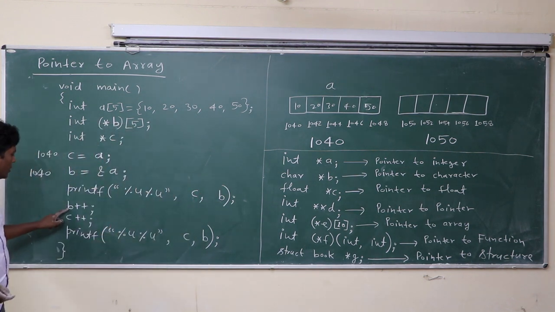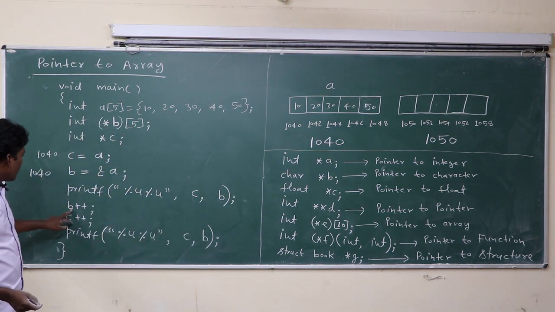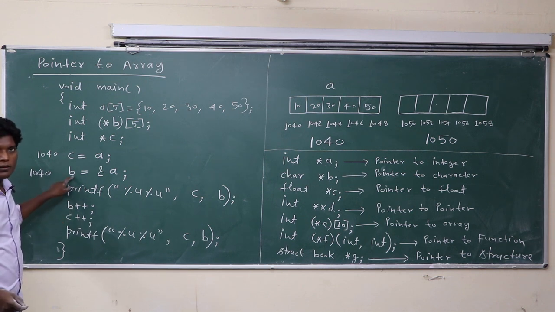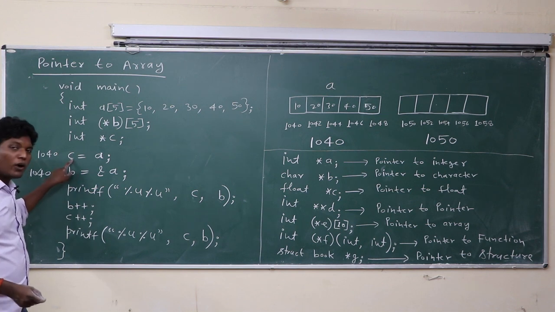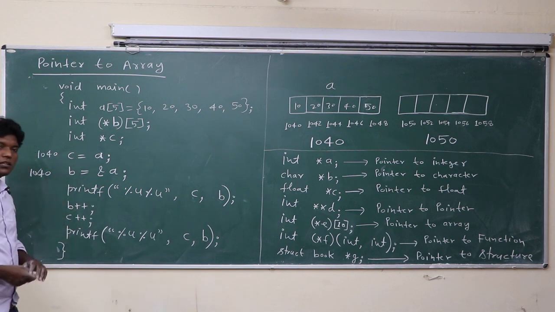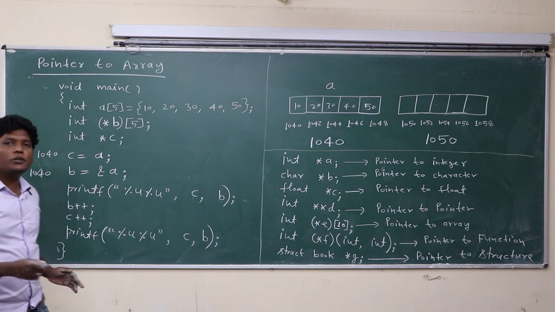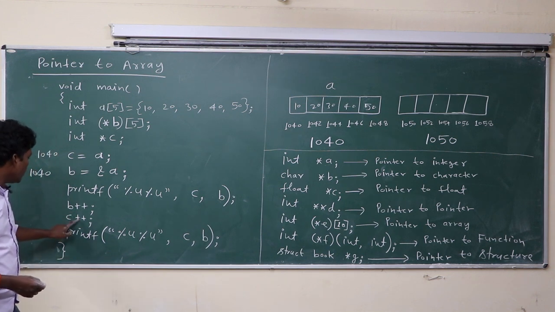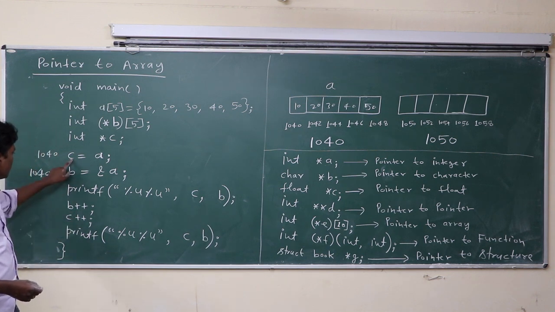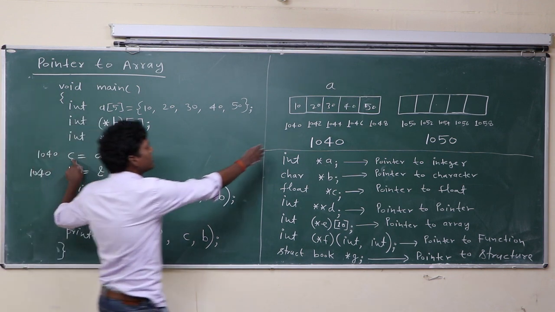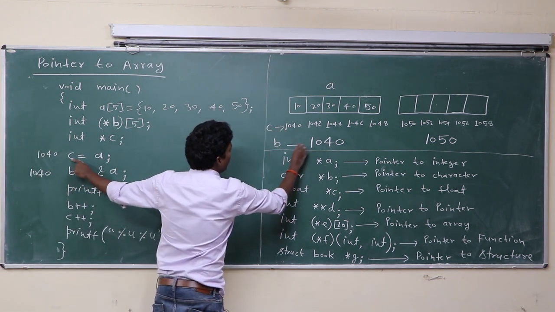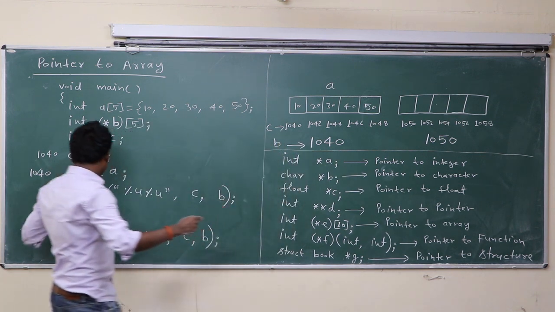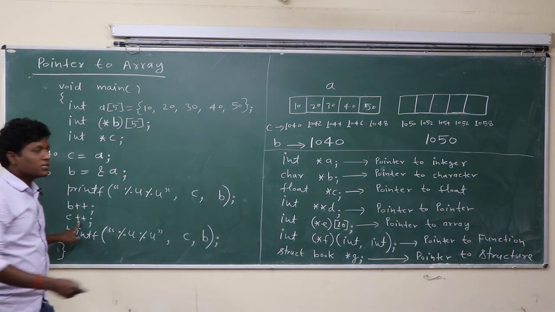Okay class, right now here we increment the pointer variable B, so this becomes B++, and we increment the pointer variable C, C++. Now what will happen?